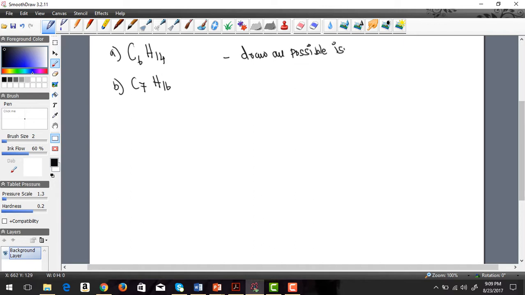So all you have to do is probably redraw and name them, or you can use your existing drawings and then name each of the isomers. Based on the information I have provided, I don't see any exception, but with chemistry you never say never. These are your 2 assignments.